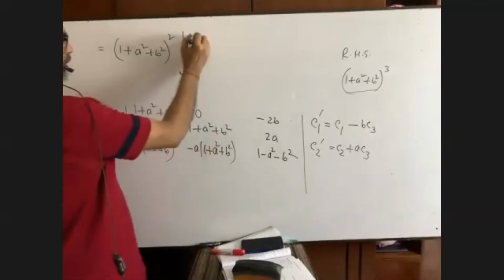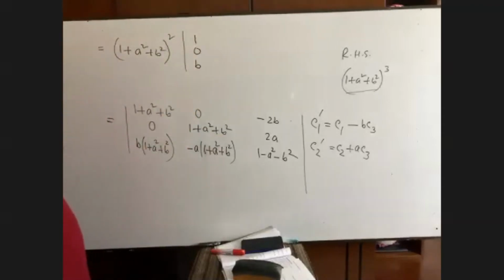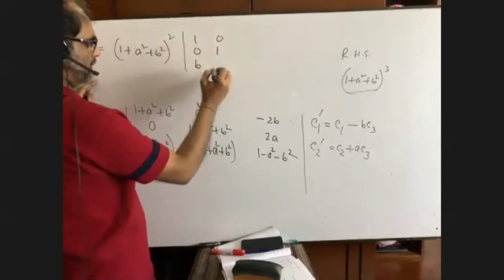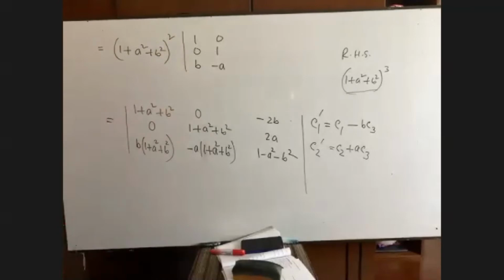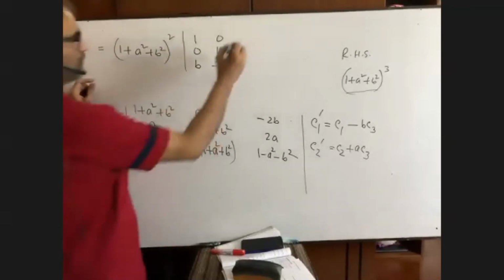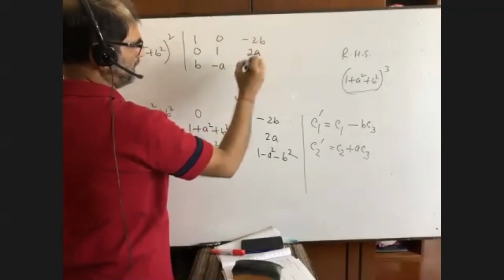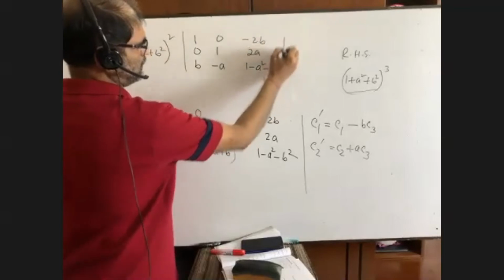So it is 1, it is 0, it is b. It is 0, it is 1, it is minus a, right? It is minus 2b, it is 2a, and it is 1 minus a square minus b square. We have got it.